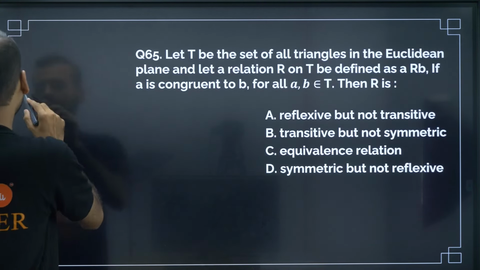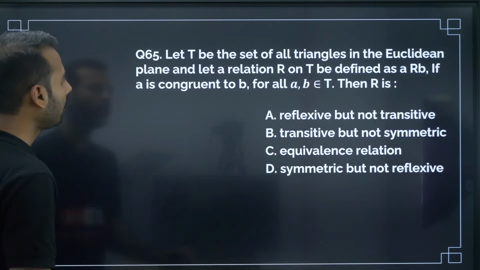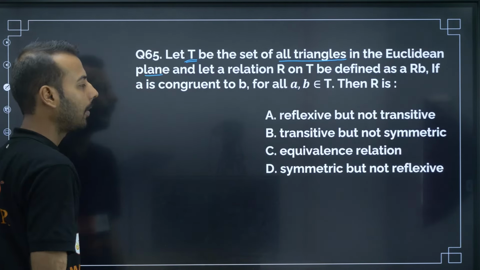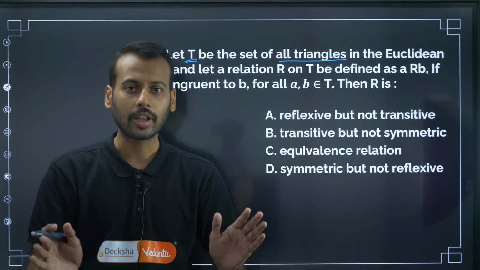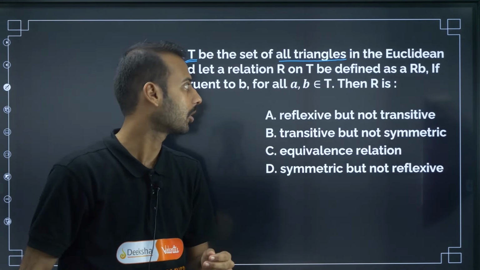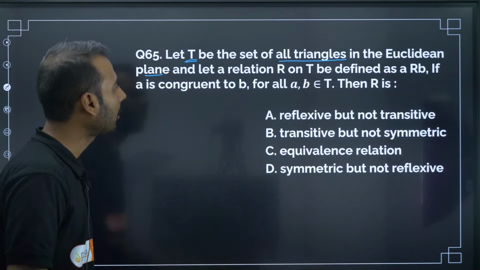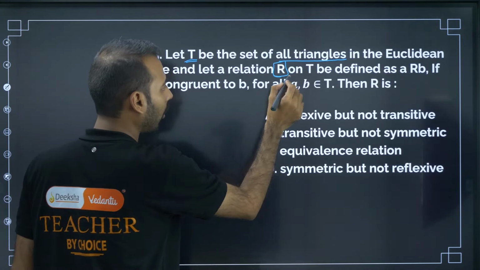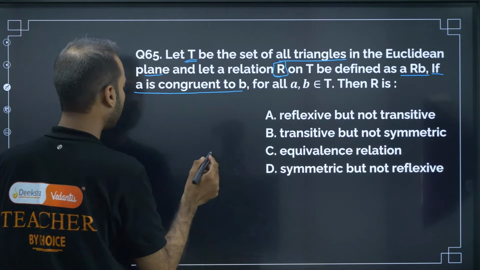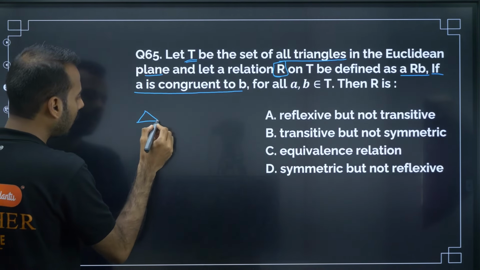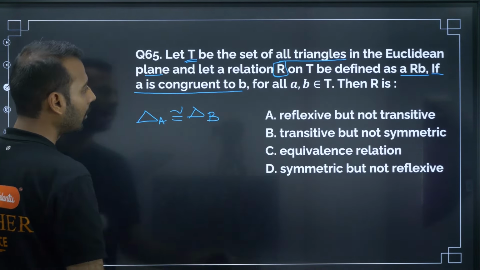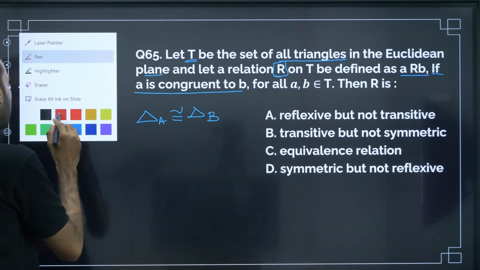Let T be the set of all triangles in the Euclidean plane. So they have considered the Euclidean plane, and they are considering all the different triangles. And let a relation R be defined on T as A R B if A is congruent to B, that means triangle A is congruent to triangle B. Then R is, what are they asking?